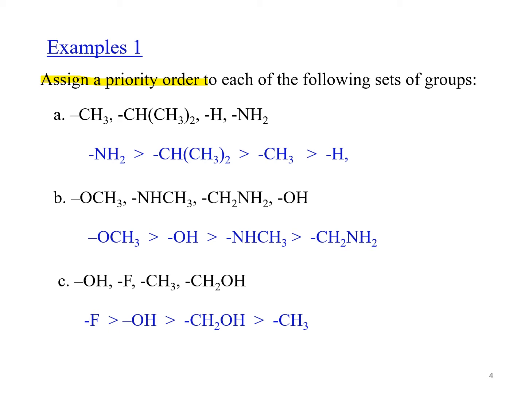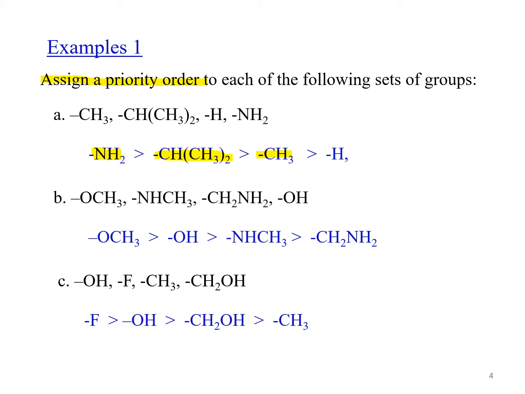So rule number one was that if any atom other than carbon is present or joined with the carbon, we will have to give priority according to the atomic number. So nitrogen has the highest atomic number, that is why it is given the first priority. Then the biggest group present is this one, so we give this one the priority at second position.